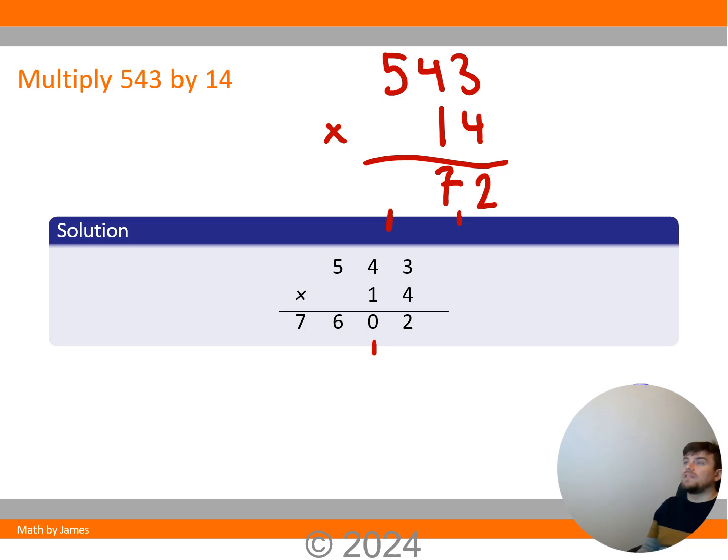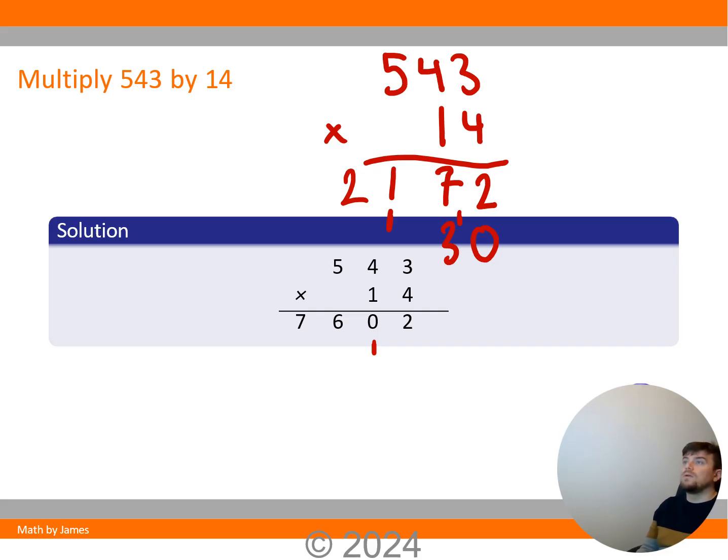Now we do 5 times 4, this gives us 21. And now we do 10 times 3, which is 30. We put the 0 in here because it's like 10, so it's 30. We always put that magic 0 in.